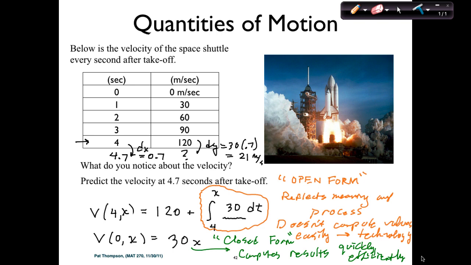That's closed form. So closed form is like most of the functions you've been dealing with in your math career: polynomials, sine and cosine, exponential functions, logarithmic functions, and combinations, all in arithmetic. Any addition, multiplication, subtraction, division, exponents, logs, all these functions have been closed form.